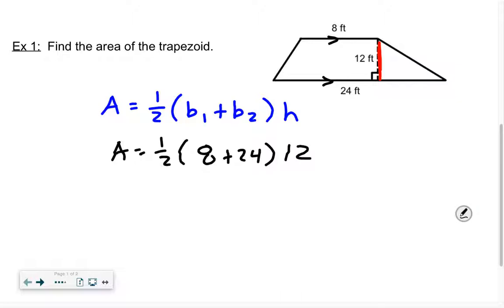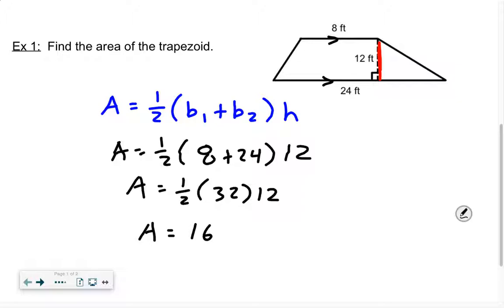So it's a formula just like any other formula that we've used. It's a little bit different at this point. Now we just go ahead and simplify. 24 and 8, we come up with 32, and 12.